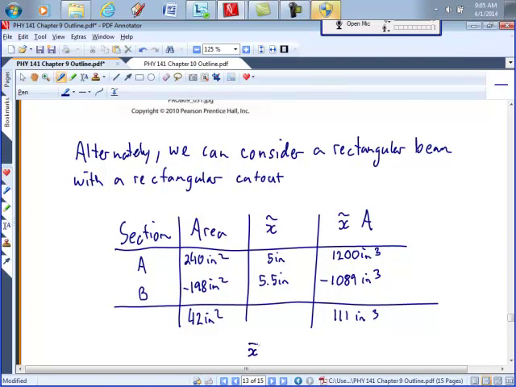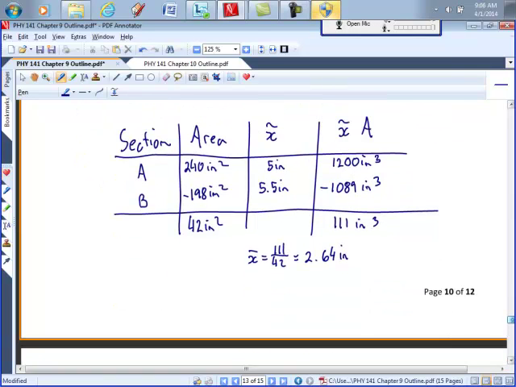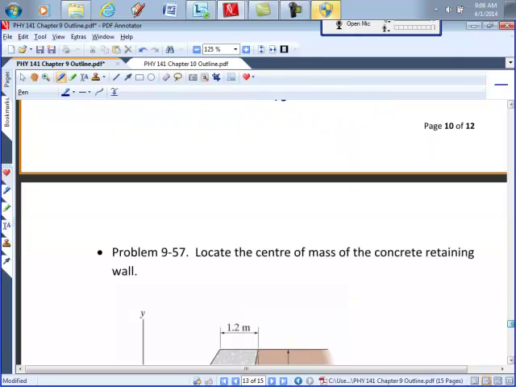So x bar equals 111 over 42 equals 2.64 inches. So we get the same result. A little bit easier. Not a huge amount different, but a little bit.